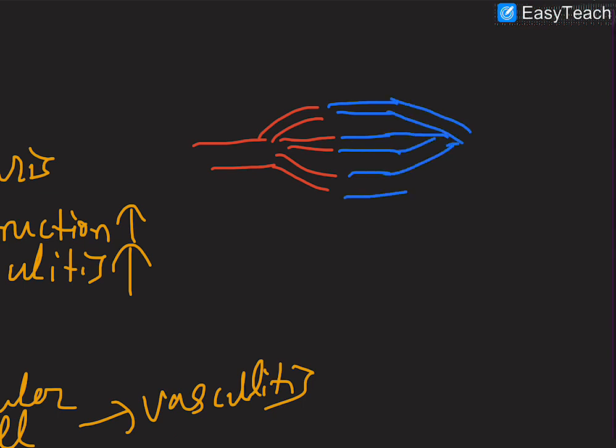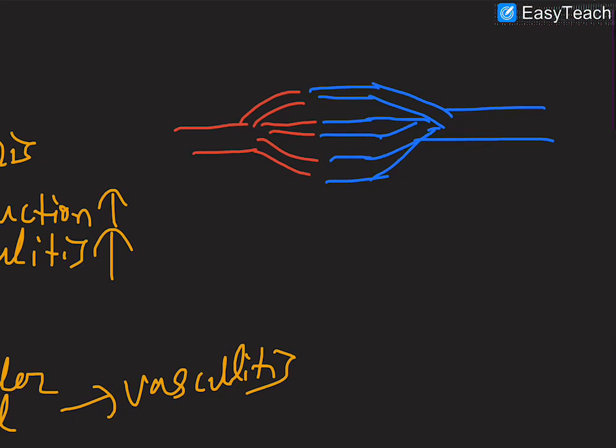Let's draw the blood flow in another color. So in normal skin, we have normal blood flow going through your arterioles, capillaries, venules, and veins, and proper drainage is occurring.